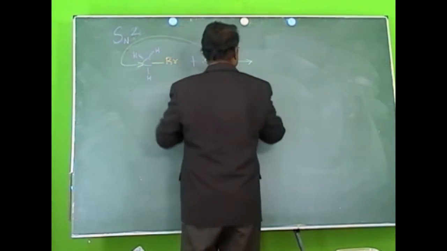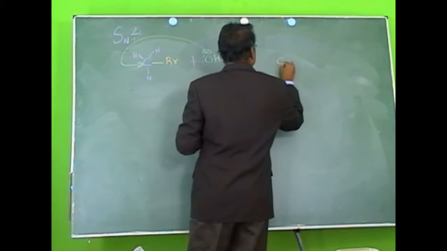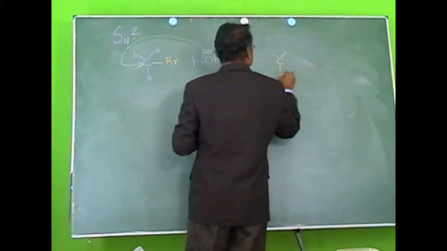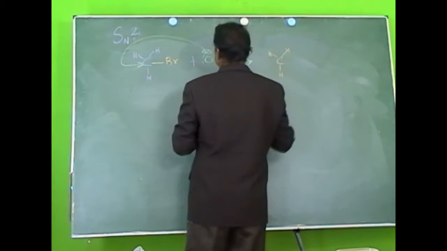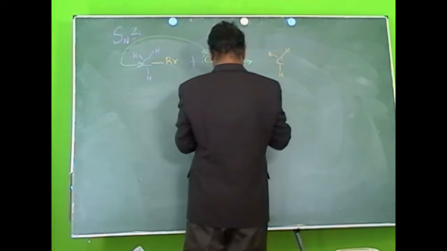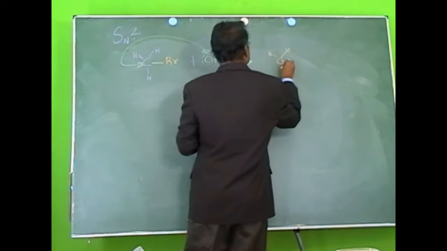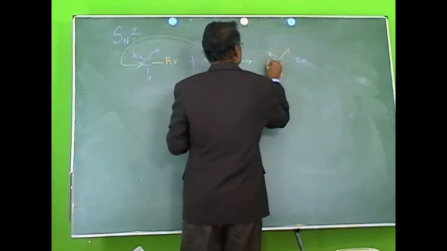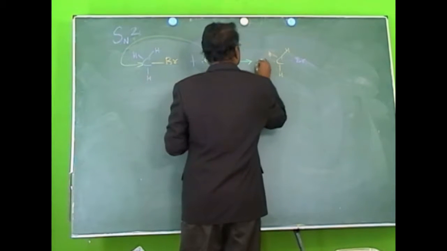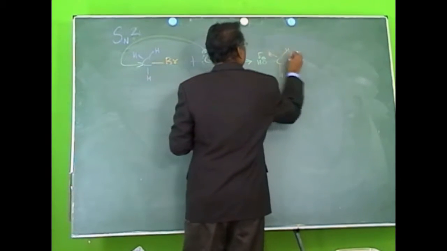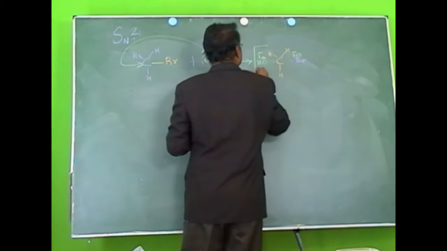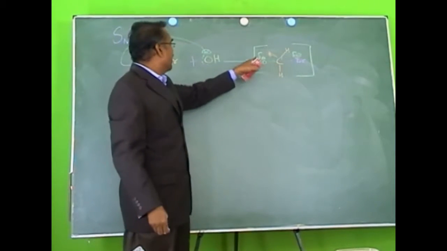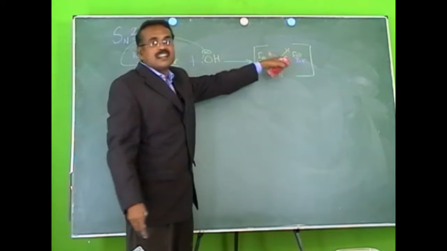So at the first instance, it forms a transition state. Here you can see both the leaving group and the attacking nucleophile are connected to the same carbon, and both bear partial negative charge.